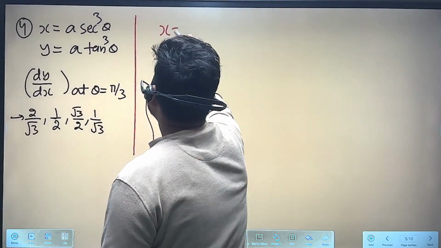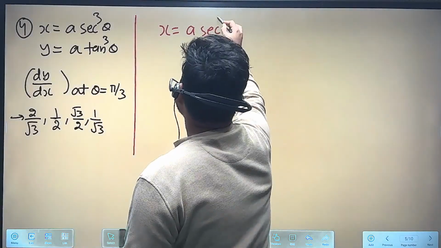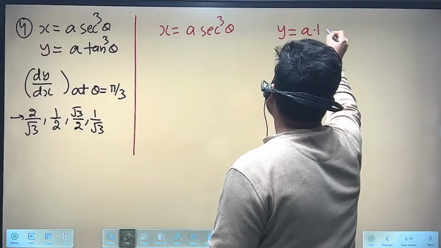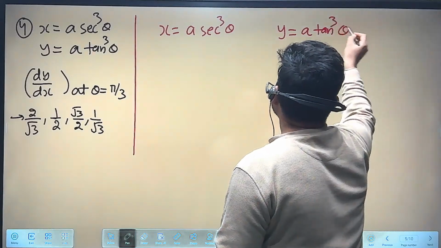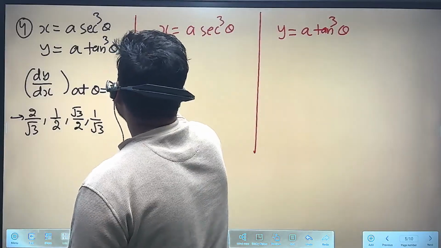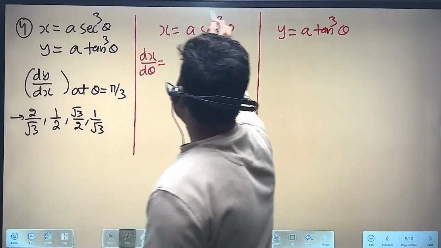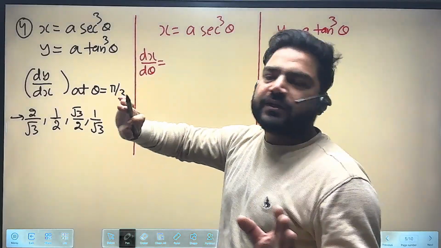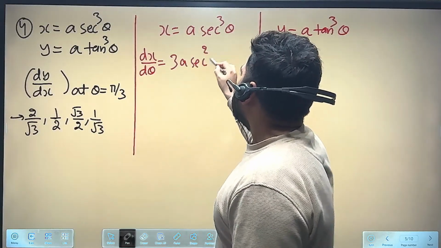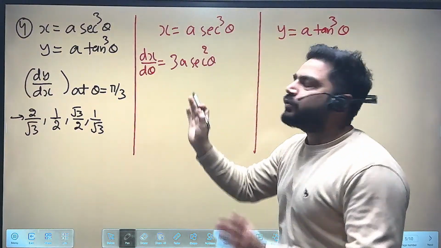So how to solve this? X is given as a secant cube theta, and y is given as a tan cube theta. From here we will find dx by d theta. This 3 will come here, a is constant, and the power comes down. So 3a secant square theta, and this is the derivative of only the power.